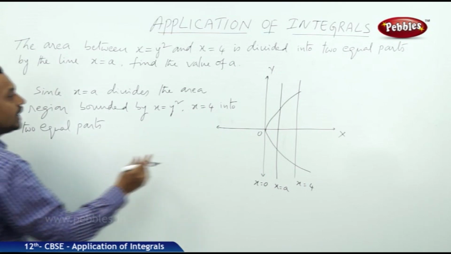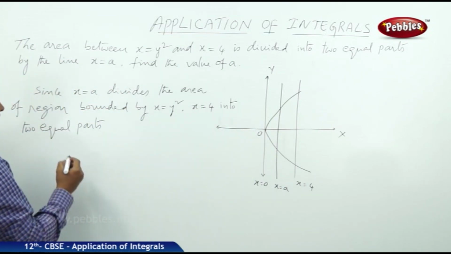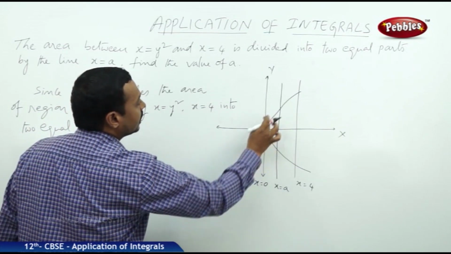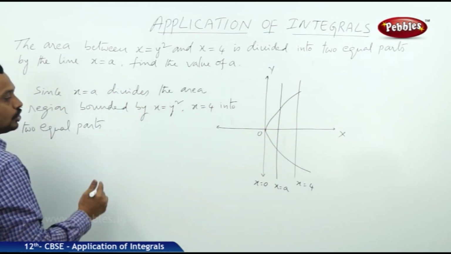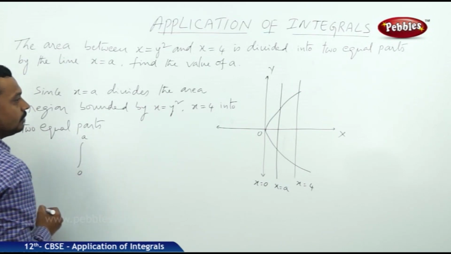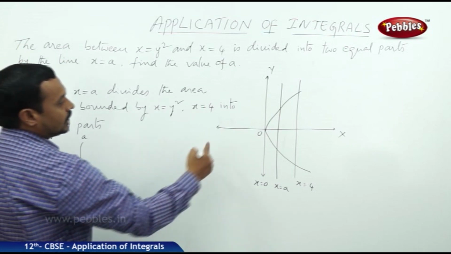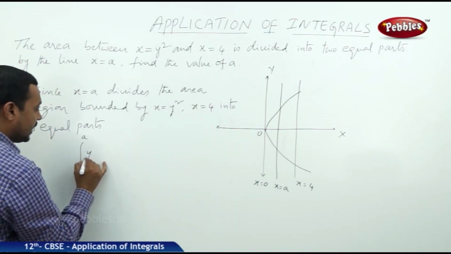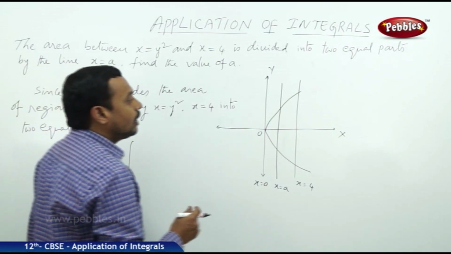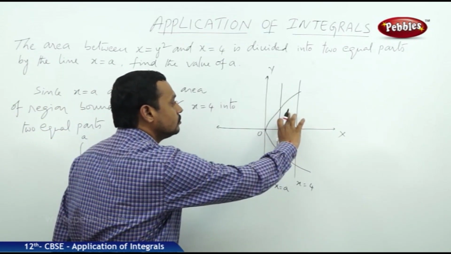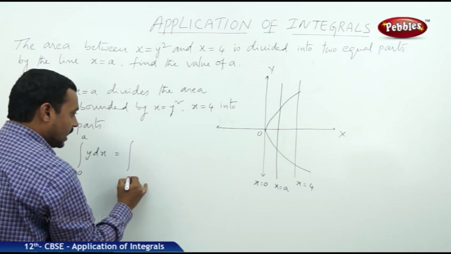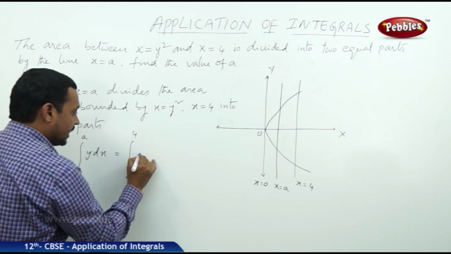then the area of the region bounded by the curve between x is equal to 0 and x is equal to a, that is nothing but integral 0 to a y dx, is the same as the area bounded by the curve between x is equal to a and x is equal to 4, that is integral a to 4 y dx.